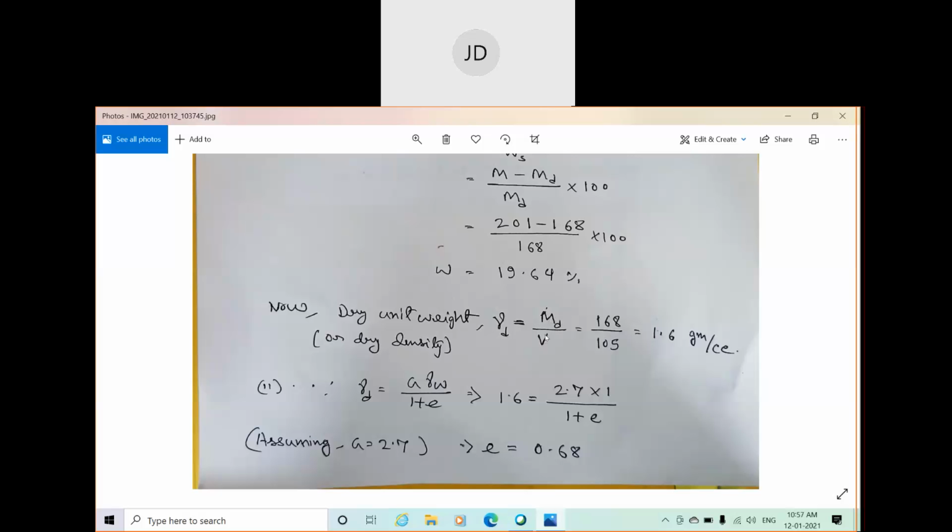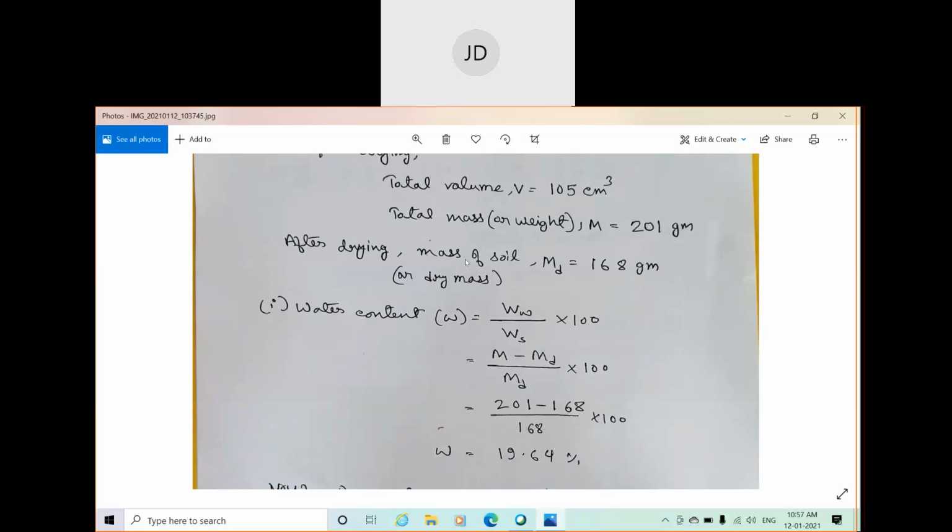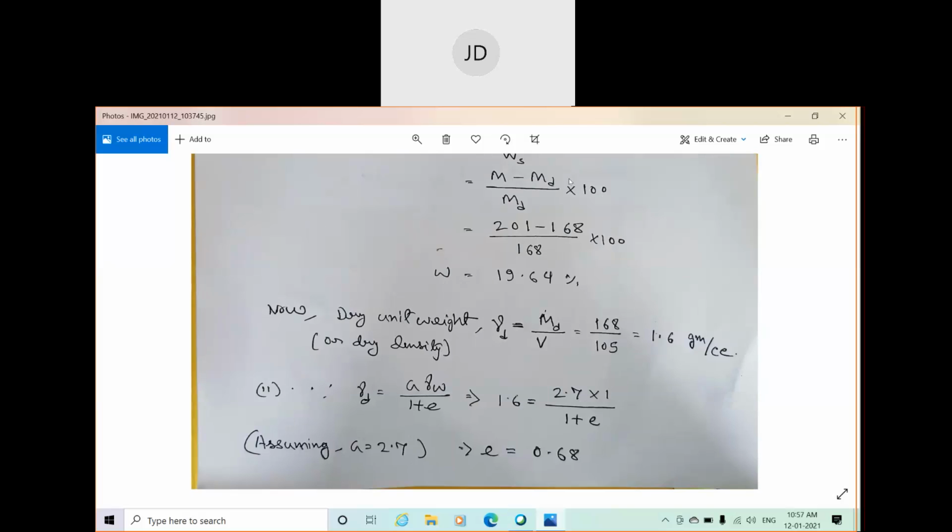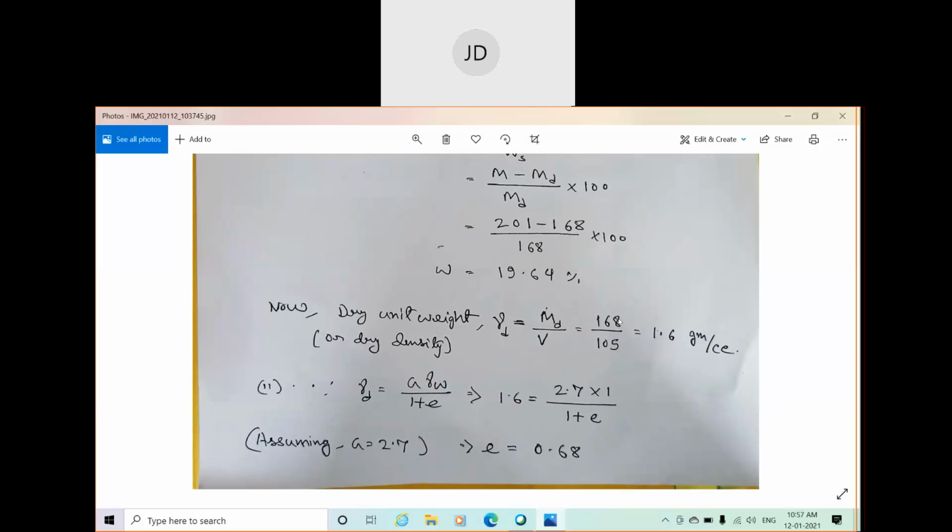In this particular problem, dry mass is given to you. See, dry mass, or mass of solid after oven drying, is 168 gram. So let's put 168 here, and total volume is given as 105.